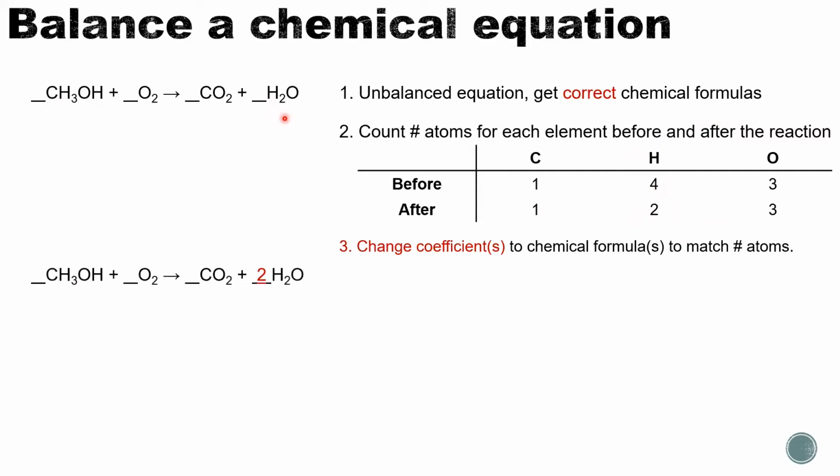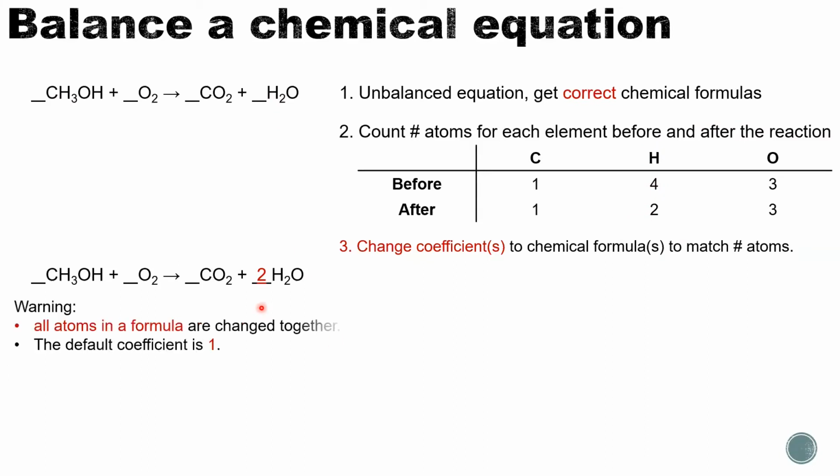So we put 2 here as a coefficient to match the number of hydrogens. Here we have some warnings. When you put a coefficient in front of a chemical formula, all atoms in the formula are changed together. So when you put 2 here, the hydrogen is doubled, and the oxygen is also doubled. The default coefficient is 1.